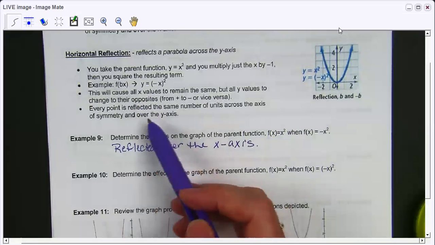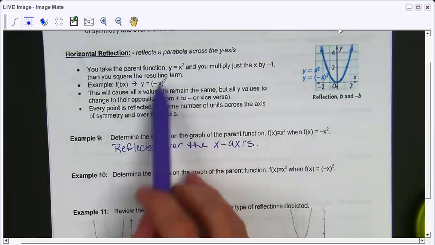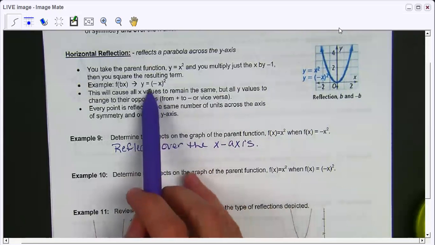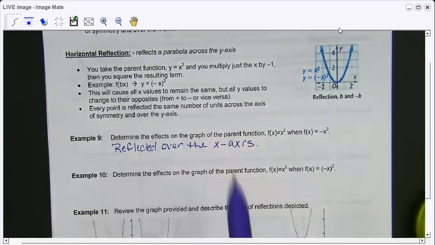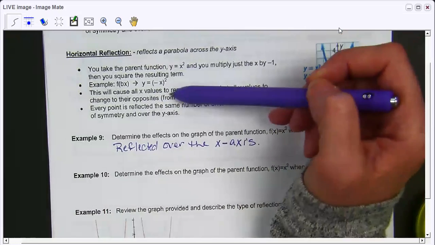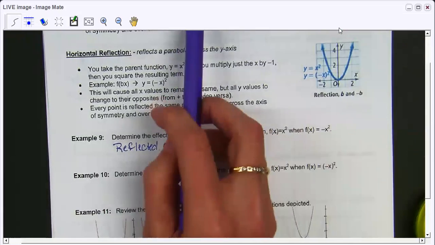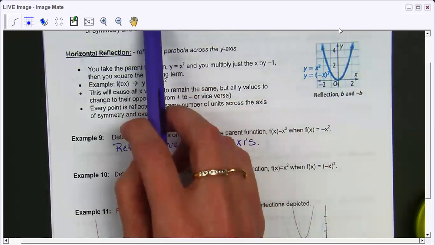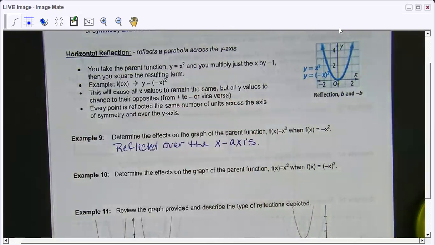Okay, look at the reflection over the y-axis. The difference between the reflection over the x and the reflection over the y is that over the x, you're actually multiplying the entire function by a negative.